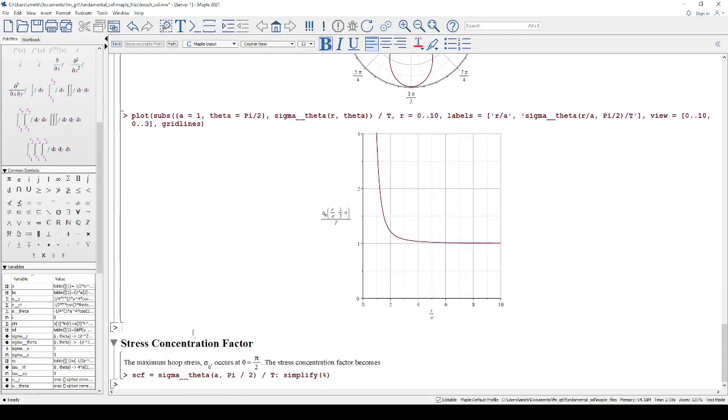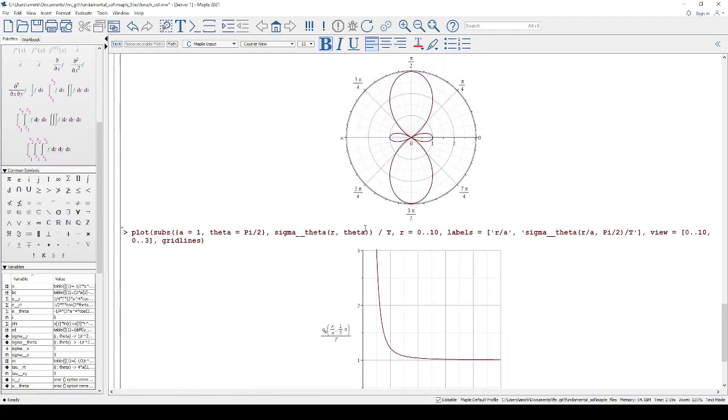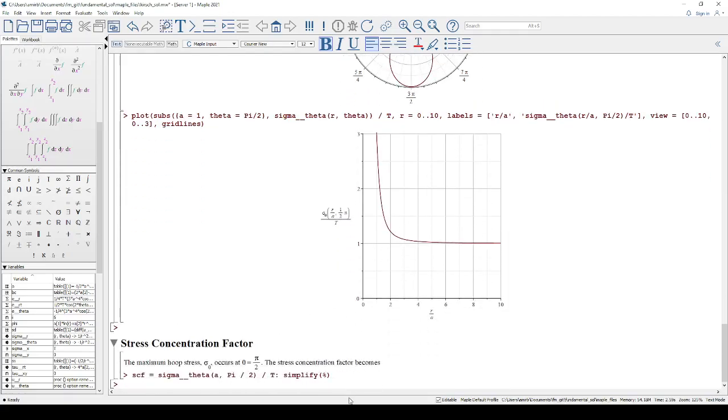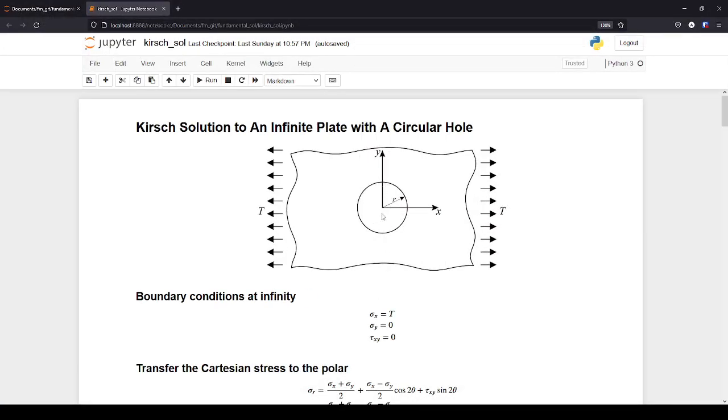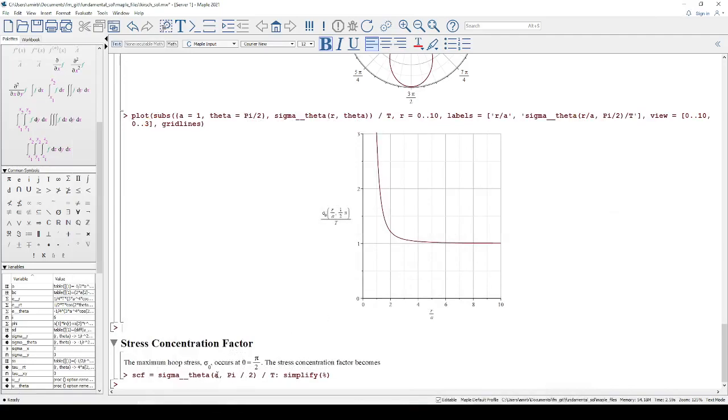So if we want to calculate the stress concentration factor at half pi and 3 half pi here and here, I evaluate sigma theta on the hole edge at half pi and normalize it by the stress field at infinity, or let's say a plate or a domain without any irregularity.